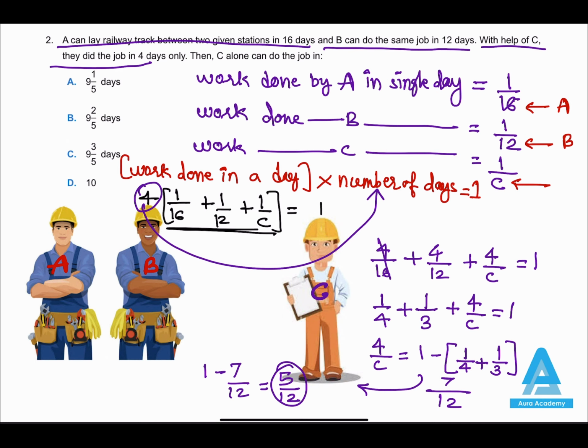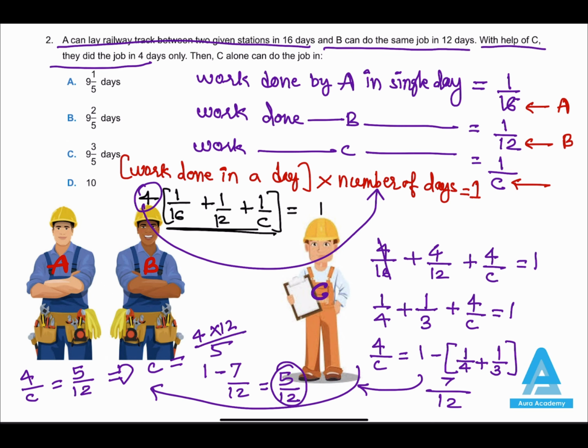Now from here 4 by C is equal to 5 by 12, right? So this implies C is equal to 4 into 12 by 5.